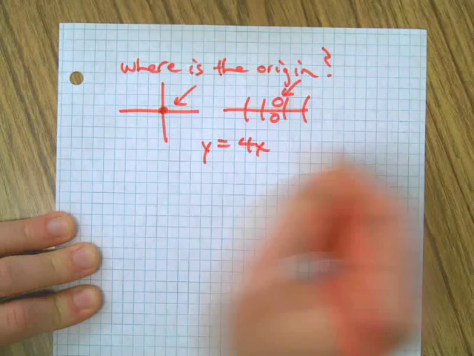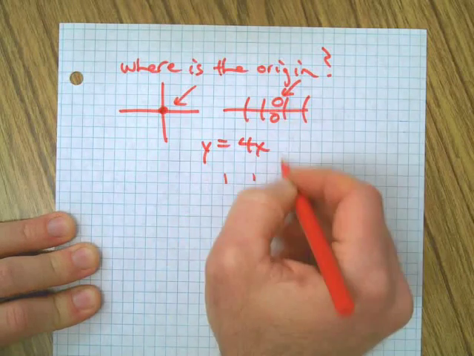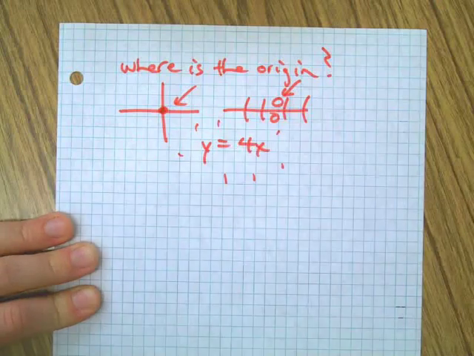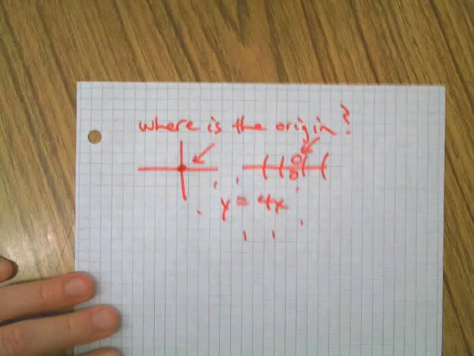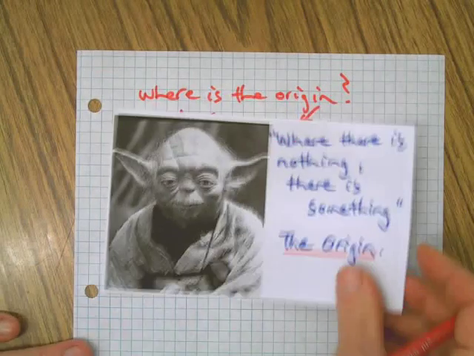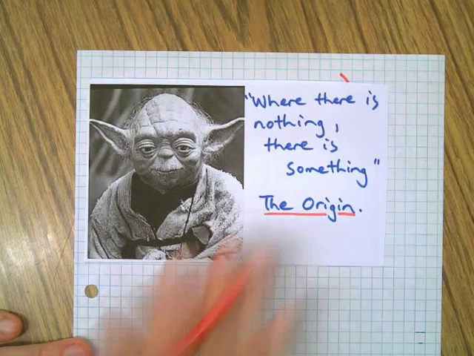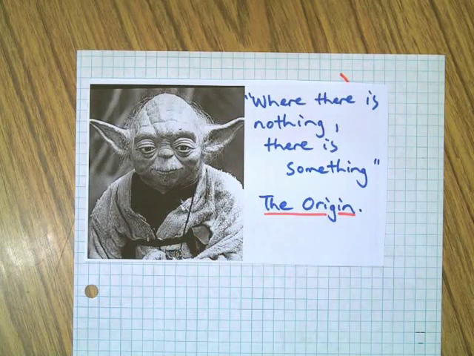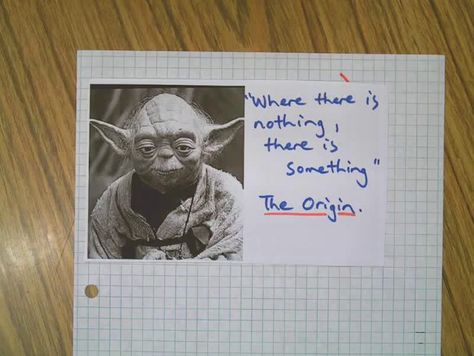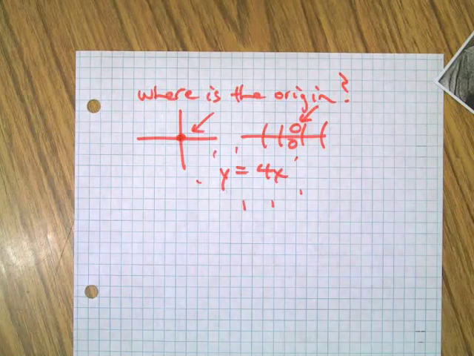But where is it in our equation? Well, I'm going to leave that one up to our friend Yoda here. Yoda once said, "Where there is nothing, there is something." That something is called the origin.